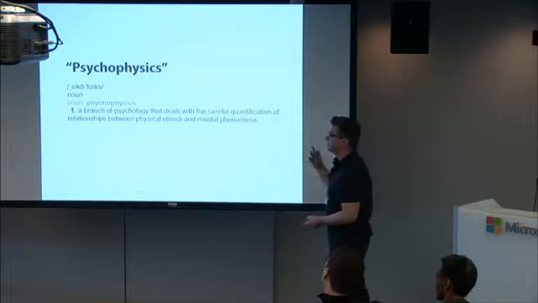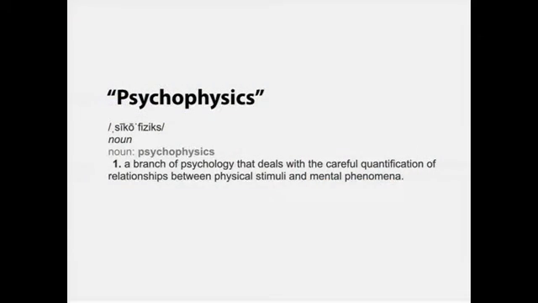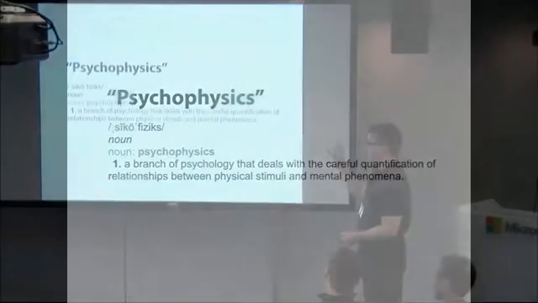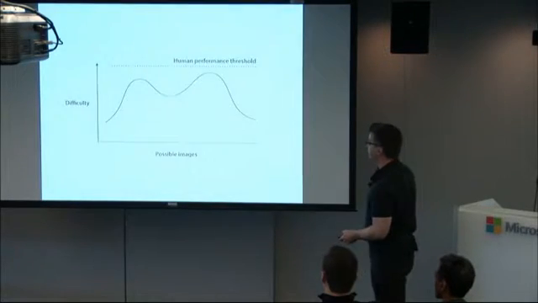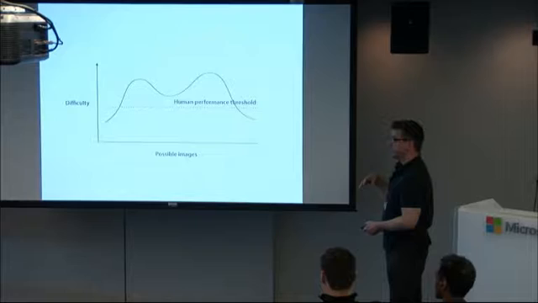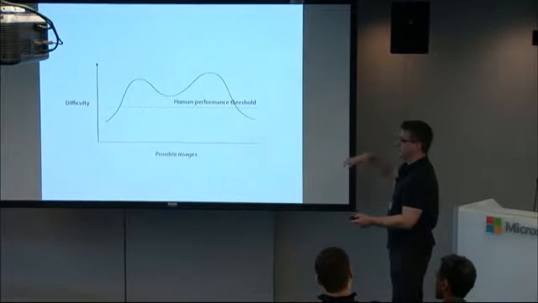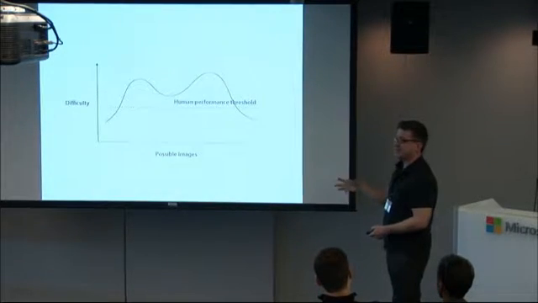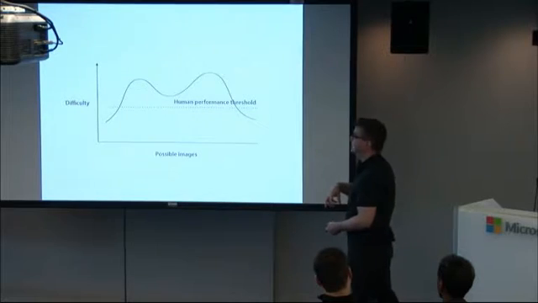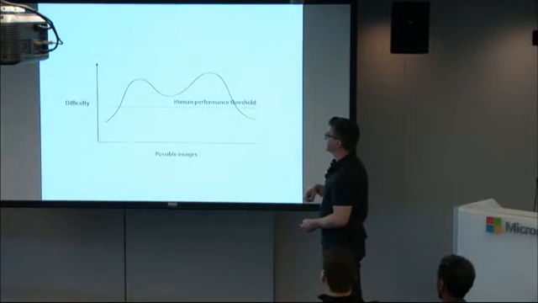This is called psychophysics or psychometrics. The distinction's a little bit subtle, but people generally use those words to mean the same thing. The key idea is that if we can bring humans into a regime where we can interrogate this difficulty landscape, then we can take that information and put it into our kernel machine and get better solutions.